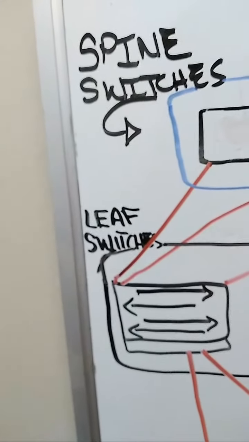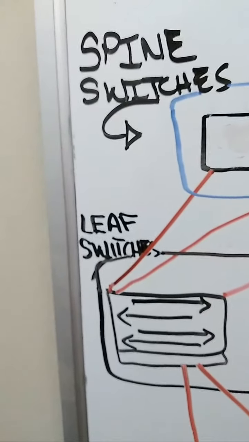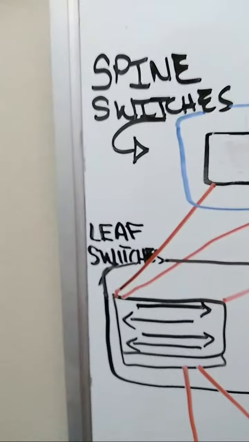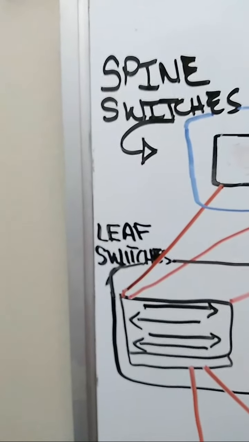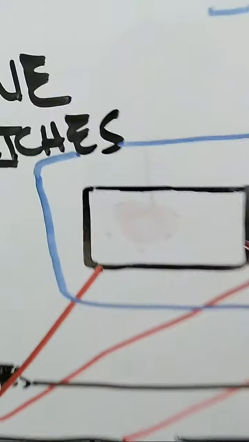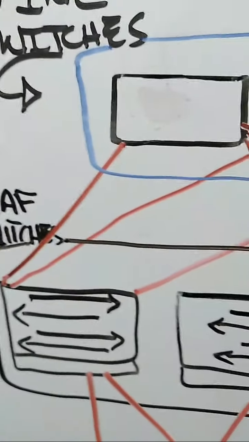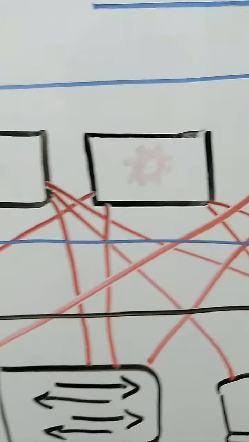Now, do you notice that I can get from one leaf switch to any other leaf switch by just going through one spine switch? And that's my delay.